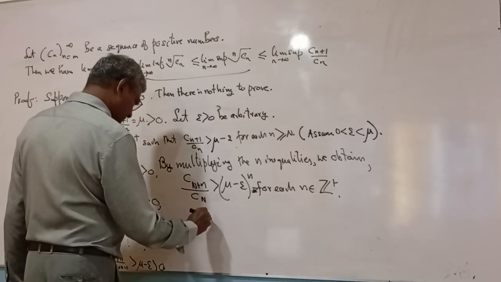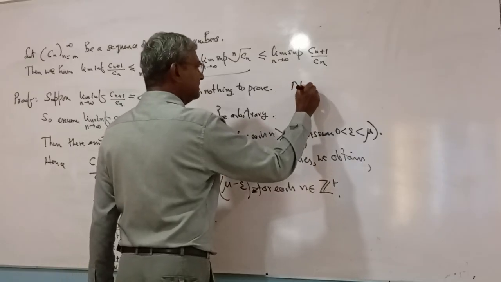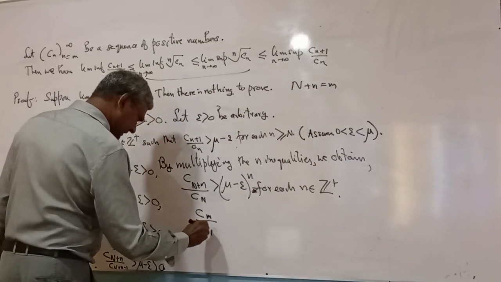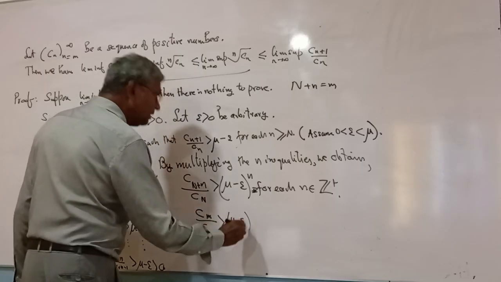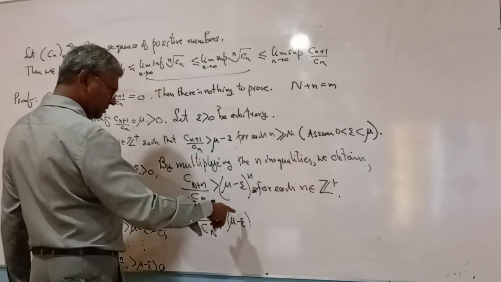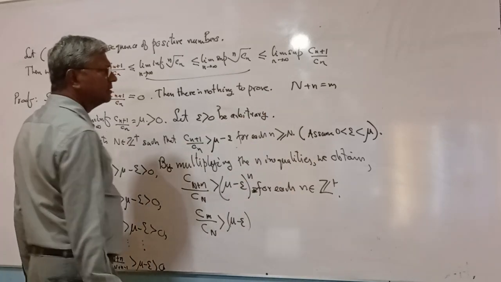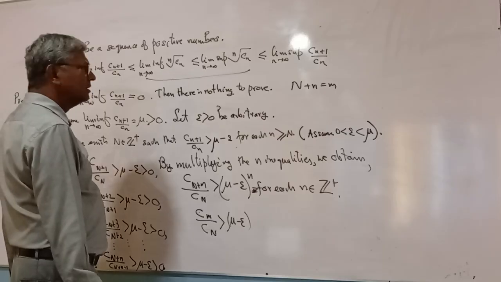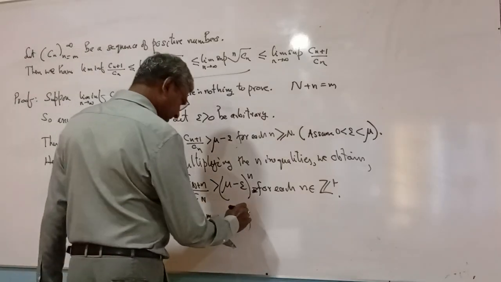Then I want to change the variable here. For capital N plus n, I am writing m. N plus n is equal to m, my substitution. Cm divided by C capital N greater than mu minus epsilon raised to the power n, where n is equal to m minus capital N, no?